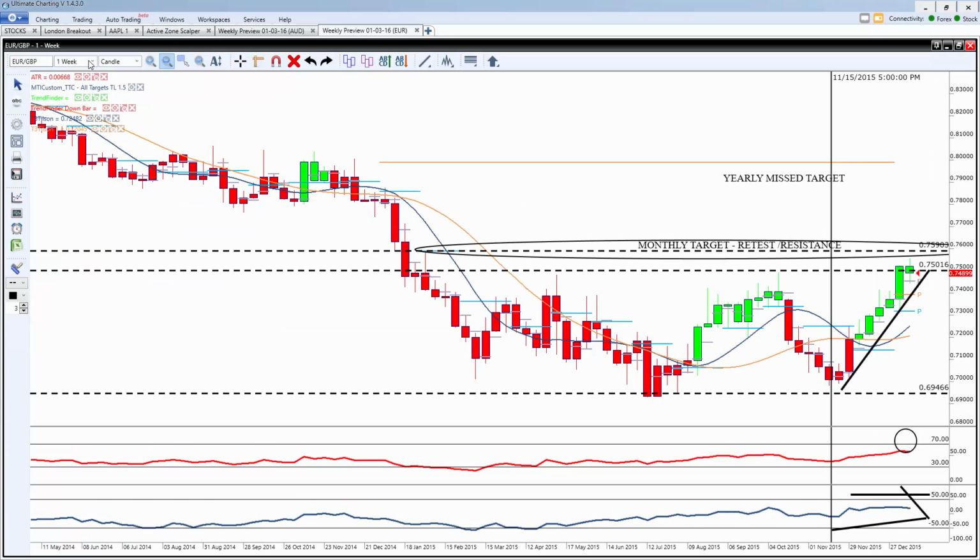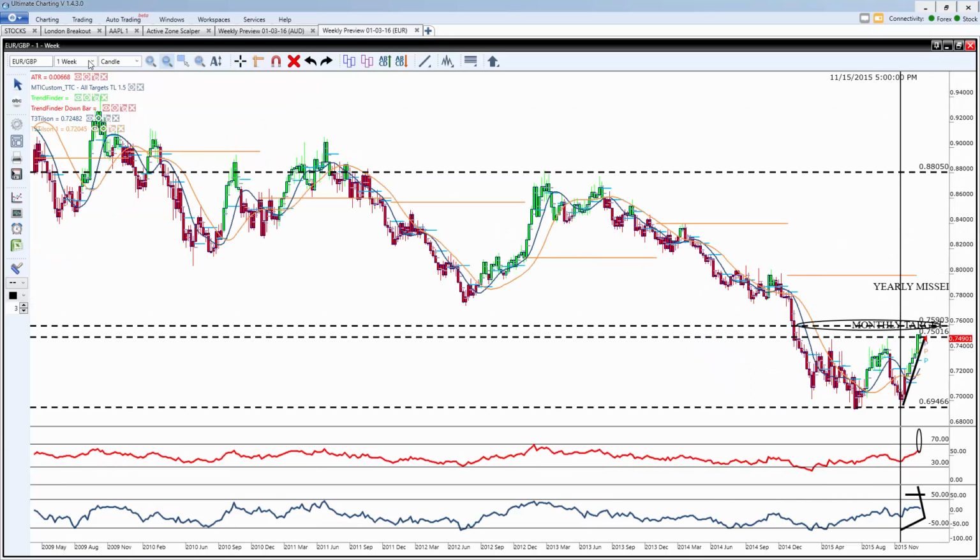Okay, weekly here. Doesn't it look like a double bottom? Right here, double bottom. So let's keep that in mind. And also, we just might have passed the resistance area.